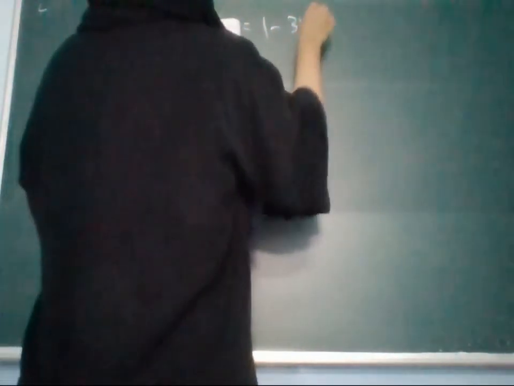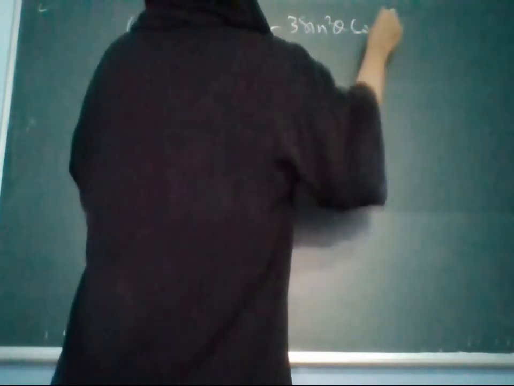Okay, so the problem is: prove that cos raised to 6 theta plus sin raised to 6 theta is equal to 1 minus 3 sin square theta cos square theta.